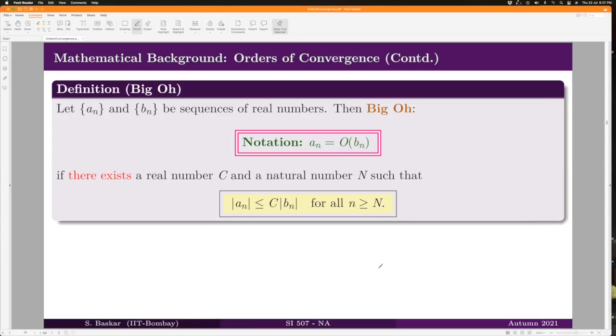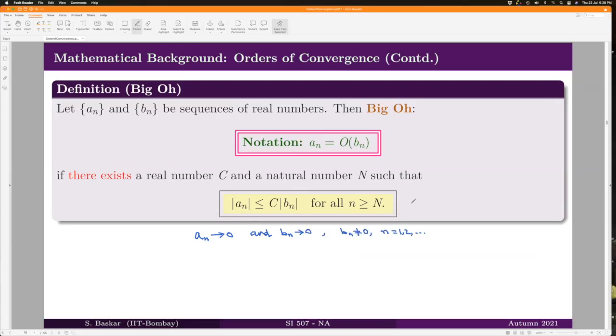Let us try to see what this definition means. For that, let us consider an tending to 0 and bn also tending to 0, but bn is not equal to 0 for any n.